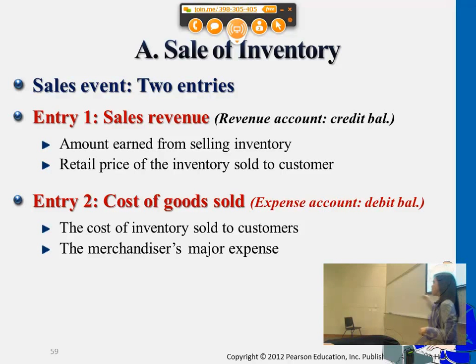So there definitely will be a difference between these two, and the amount in the middle is the gross profit that we're getting. It's the goal for the merchandiser company, how they generate profit. So for example, let's say I sell a bottle of Coca-Cola to you, and a bottle is worth $1.50.